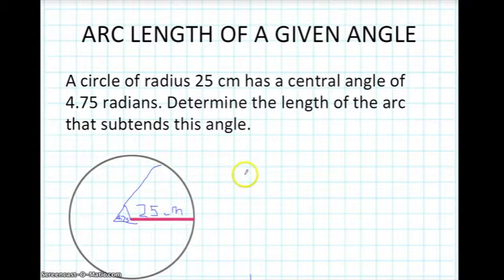So we know that theta equals arc length over radius. So we know that theta is 4.75, and we don't know A, and the radius is 25.